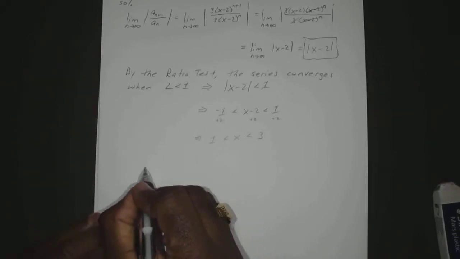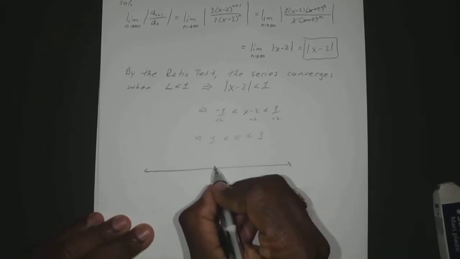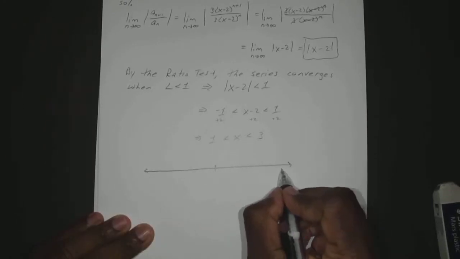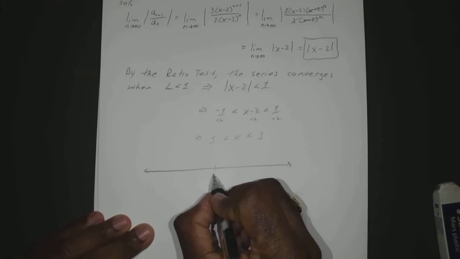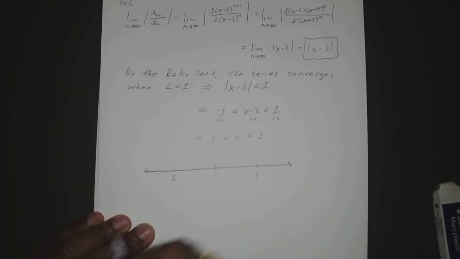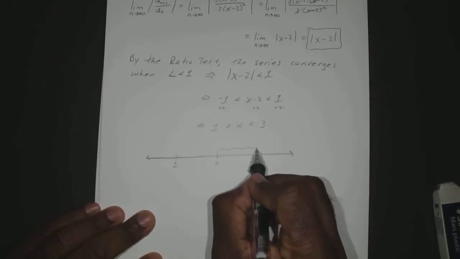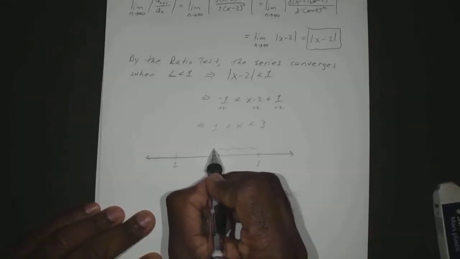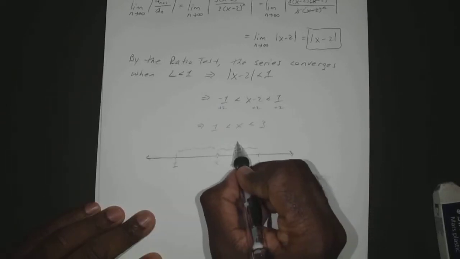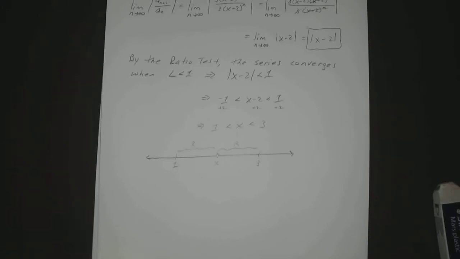Okay. So if we kind of draw out a number line to help us visualize it, and I'll put that x here, that's between 3 and 1. Okay, so if we're starting here, our radius is just the distance from the center to either endpoint.